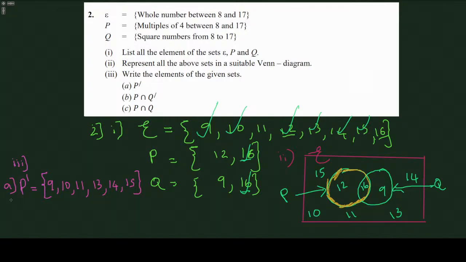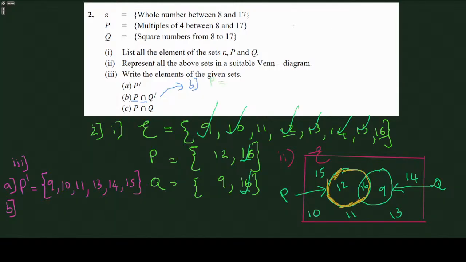What's part B? You have been asked to do P intersection Q complement. So let's do this here. Question B. To make my explanation easy, let me write the set P first.